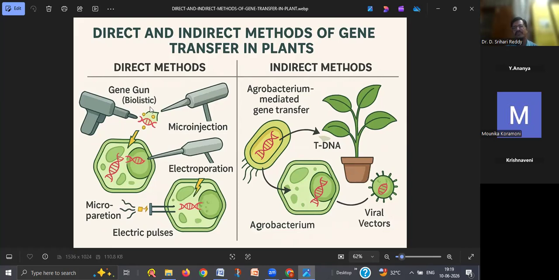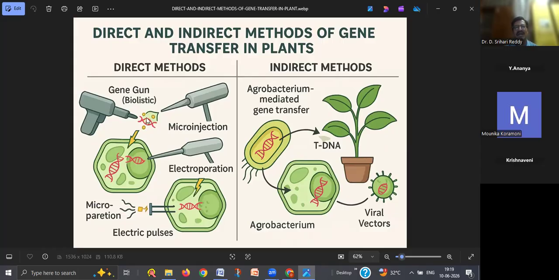the biolistic method. It is just like a gun. So what we do, they use bullets or microprojectiles. They are also called microprojectiles. Usually tungsten material is used, very small particles. It is also called a particle gun.